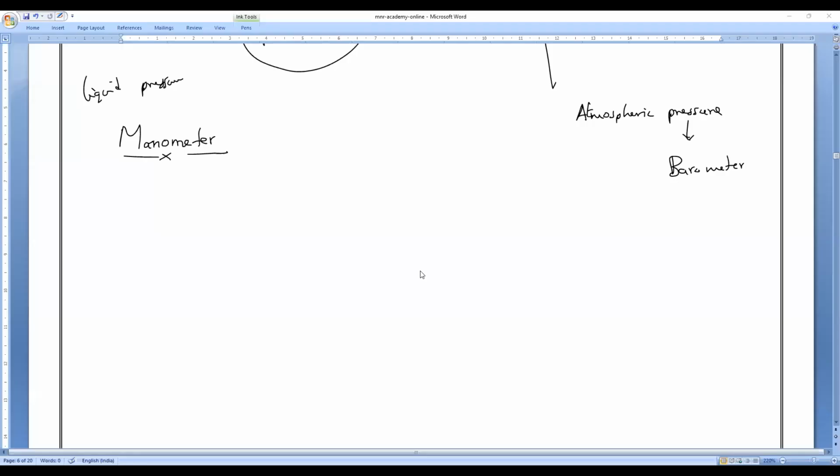And as I said, if you take any kind of liquid, at a given depth the pressure is distributed uniformly. If I take a column and put a hole here and here and here, in all directions the liquid will come out at the same speed.